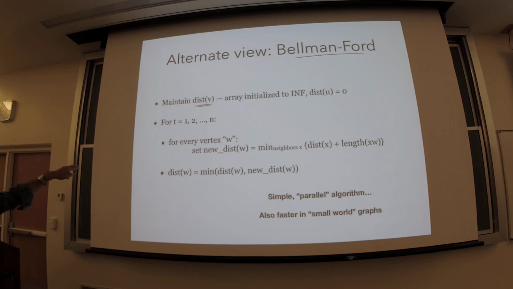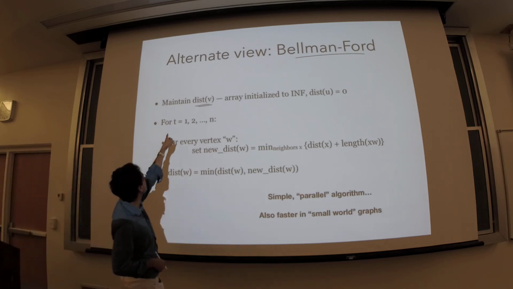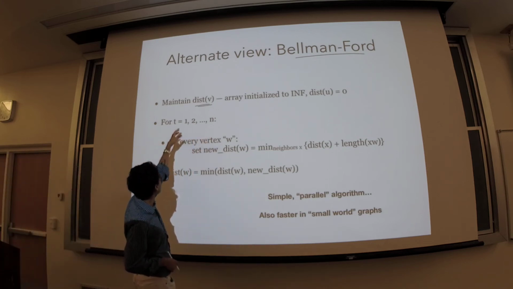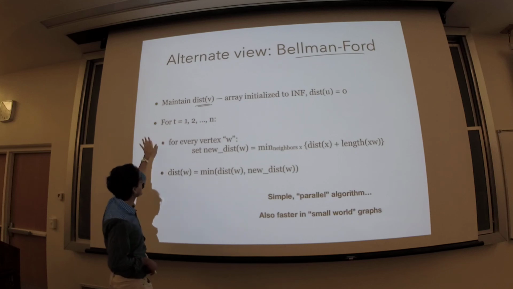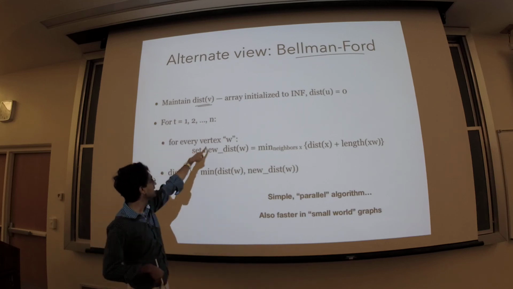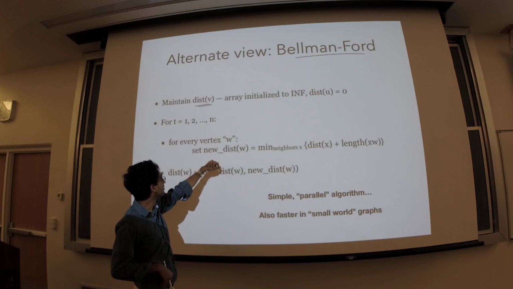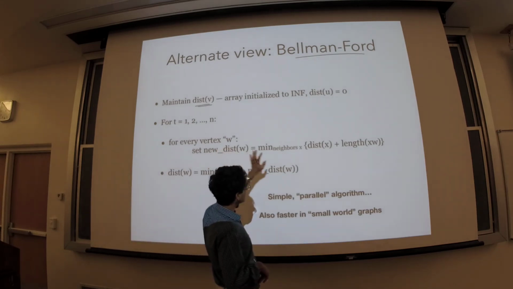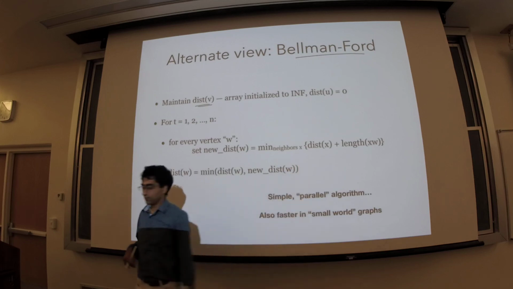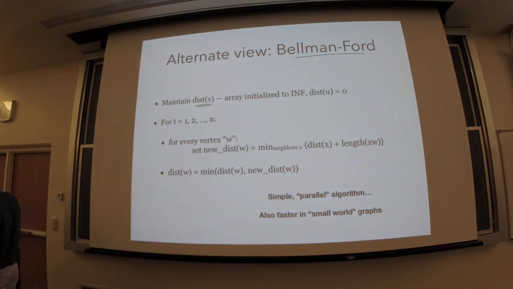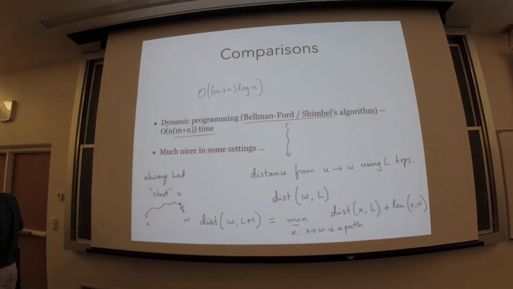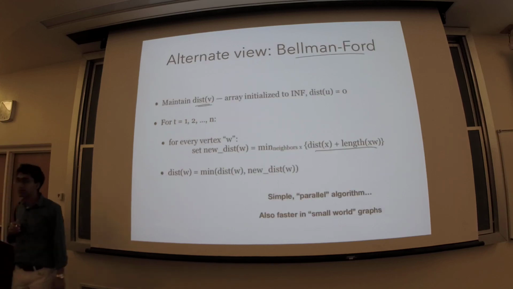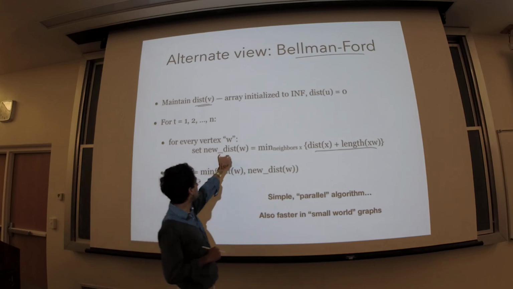And I do this for n steps, and for every step I do the following. For each vertex w, you try to compute this new distance, which is exactly like I did before. So this term is exactly the same as this. This is the new distance.